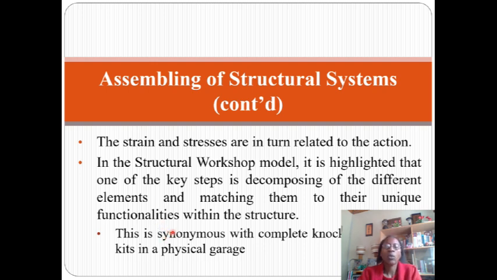So in the structural workshop model, it is highlighted that one of the key steps is decomposing the different elements and then matching them to their unique functionalities. And that's why we are talking about a kit, which is synonymous with what we do in a mechanical garage.